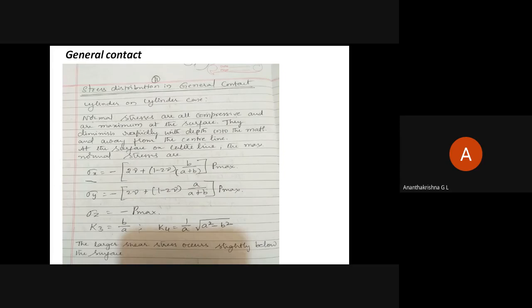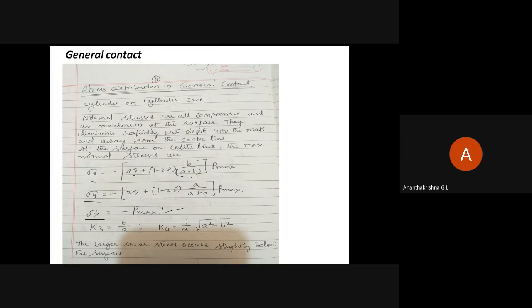Note down these equations for normal distribution in general contact. Sigma x, sigma y, sigma z, of course, is like in our previous discussions of spherical and cylindrical contact. It is the opposite, I mean negative, of P max. Nu is the Poisson's ratio.